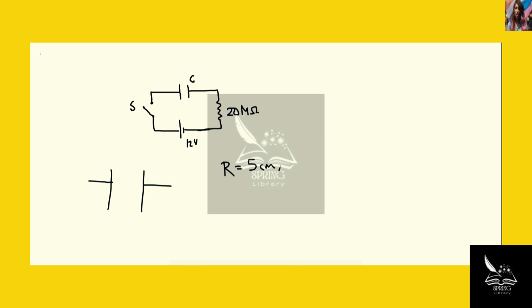We need to find the magnetic field at a section which is at a distance of 3 centimeters. The separation between the plates is roughly about 3 millimeters, so d is equal to 3 millimeters.